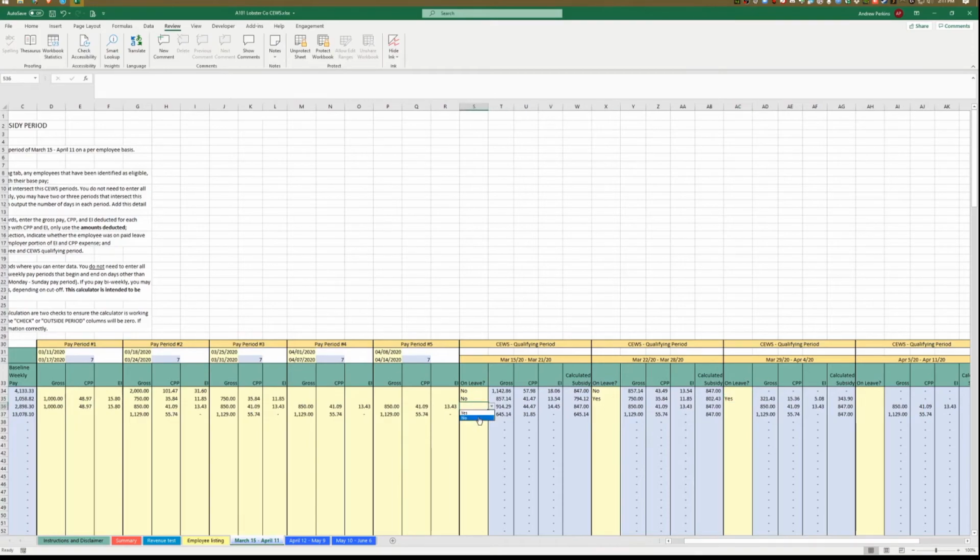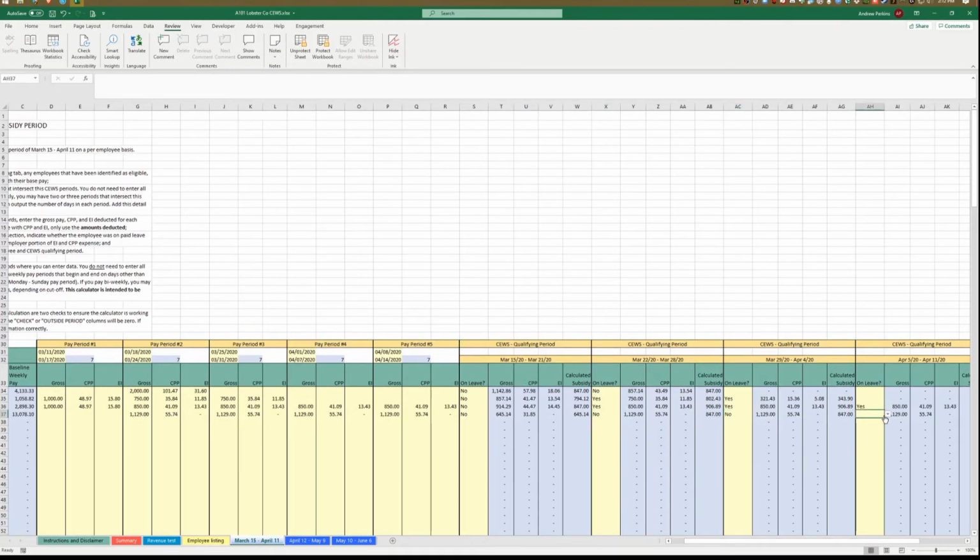Skylar, same thing. She went on leave beginning the 18th. So she worked during this period because she got paid for work through the 17th. So no. Yes. Yes. And yes. Walter always works the business, so he's not on leave at any point in time.